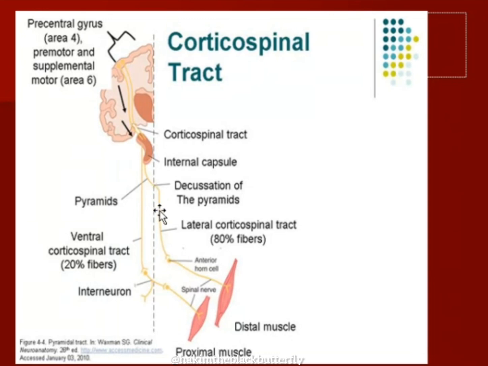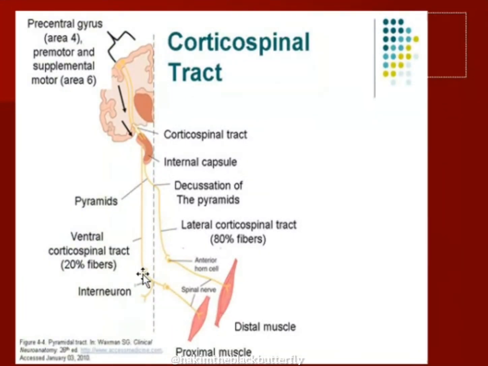Then they descend as the lateral corticospinal tract and synapse with the lower motor neurons, which will go and supply the muscles. Then the rest, the 10 or 20%, because different sources give different percentages, will remain on the same side as the anterior or ventral corticospinal tract.